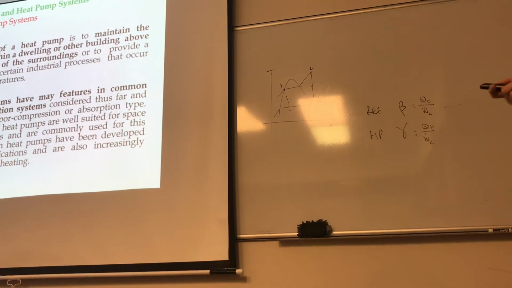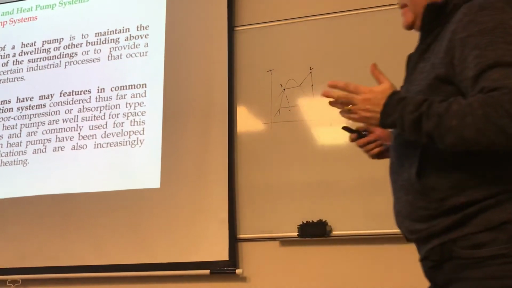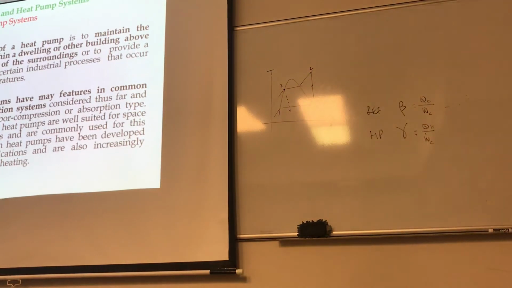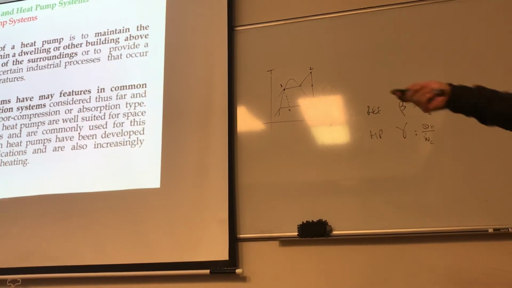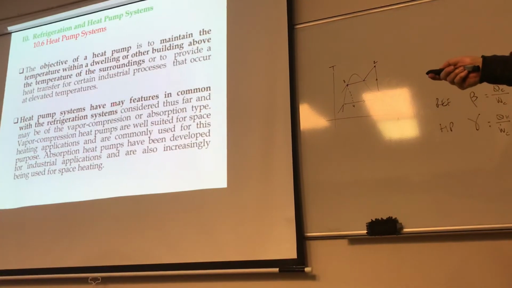So the objective of a heat pump is to maintain a temperature within a dwelling or other building above the temperature of the surroundings, or to provide a heat transfer for certain industrial processes. Again, the same thing with heat pumps. They may have the same features as refrigeration systems, so no need to repeat everything else.